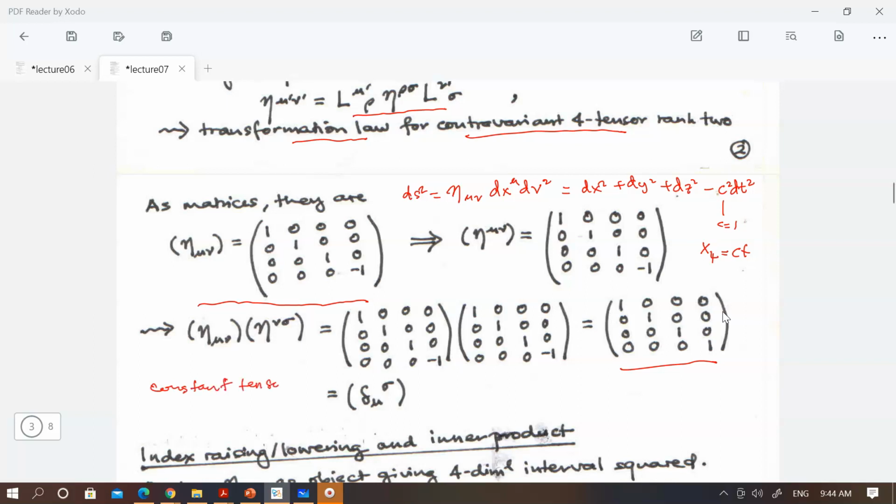If it has some dependence on the coordinates, then it will be different. Usually this is done in general relativity. You have the metric tensor, which depends on the coordinates, but then the inverse metric will have different components inside it.